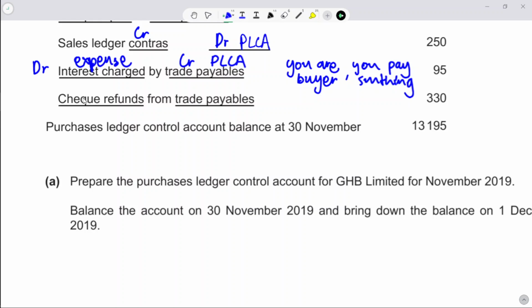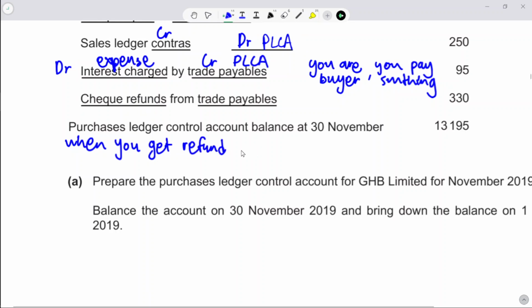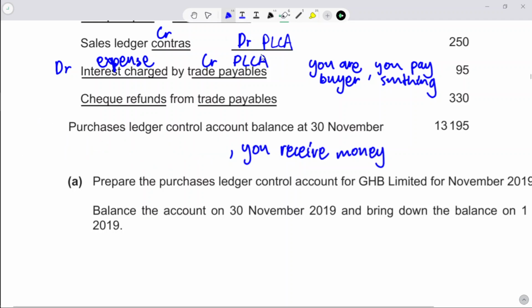Okay. Then cheque refunds. You can see this cheque refunds, right?